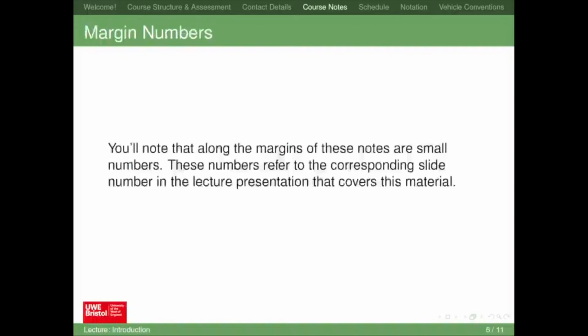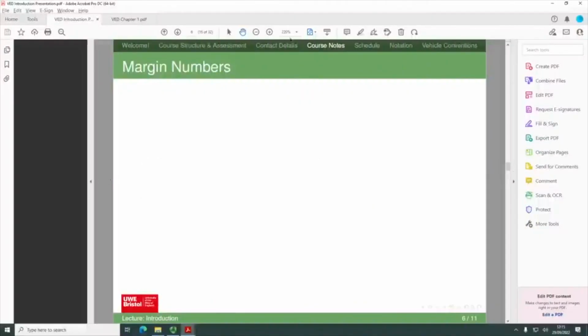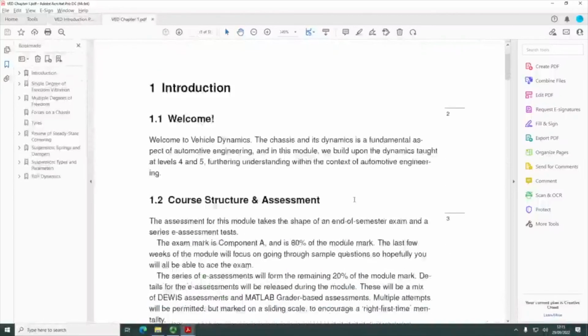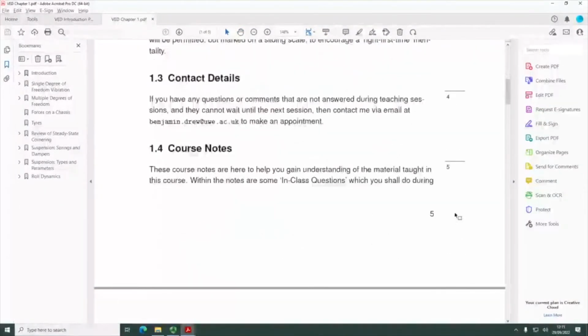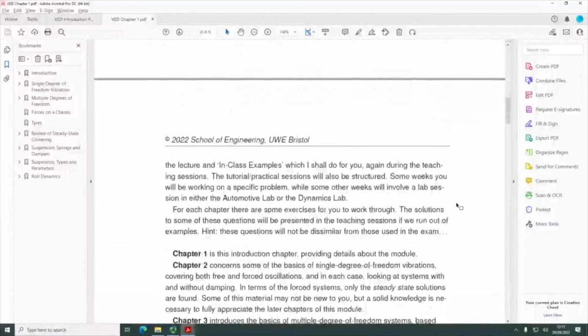In terms of the schedule, I'll talk about the course notes first. The course notes and the slides are going to be linked together, like they were in previous modules you've had with me. This is chapter 1 of the course notes. You'll notice the numbers in the margins; they relate to the slides that I'm presenting.